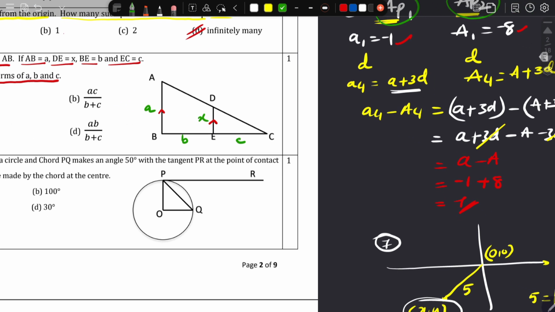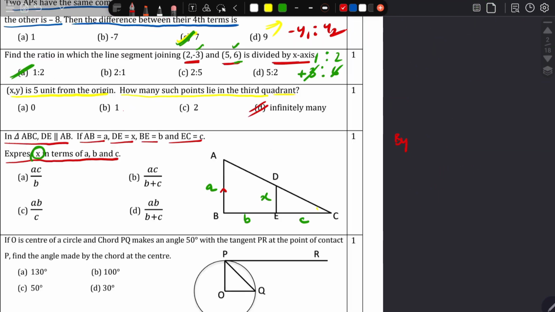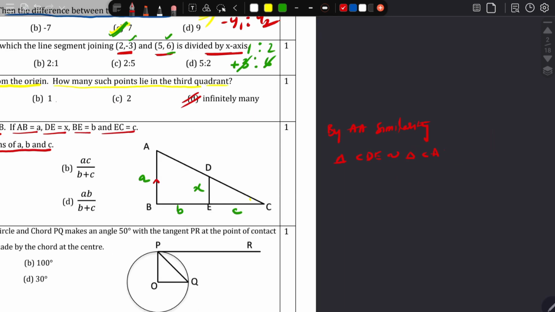Then I'll do this by using a similarity rule. By angle similarity, I can say triangle CDE is similar to CAB. If two triangles are similar, their corresponding sides are in the same ratio. Therefore, I can use the corresponding sides ratio.